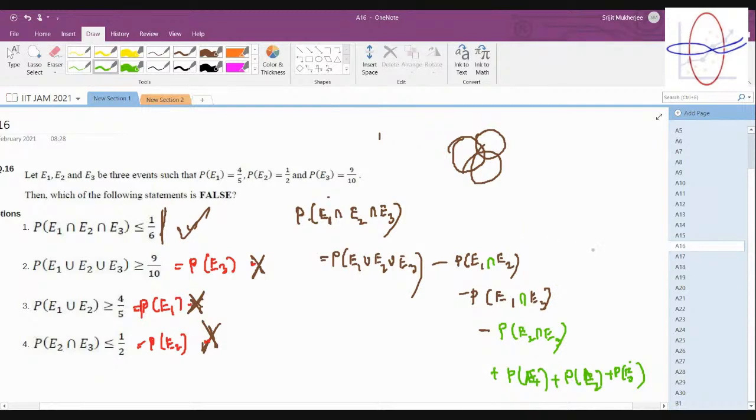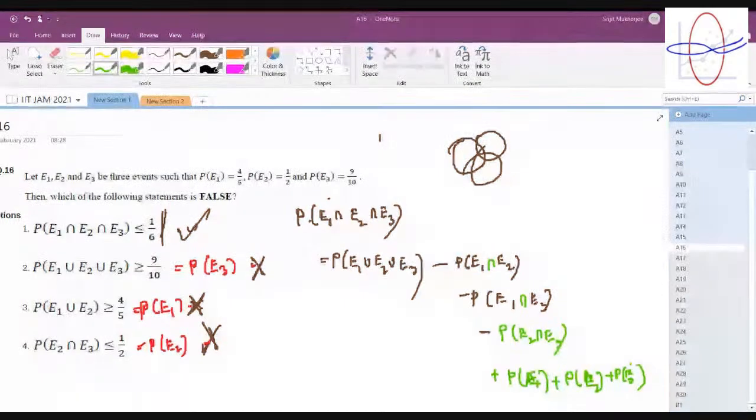We can actually take the inequalities over here. We can actually impose inequalities from the given problem, just like it has been given. Let me show you something.